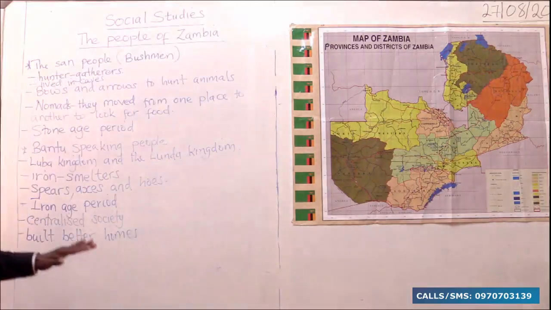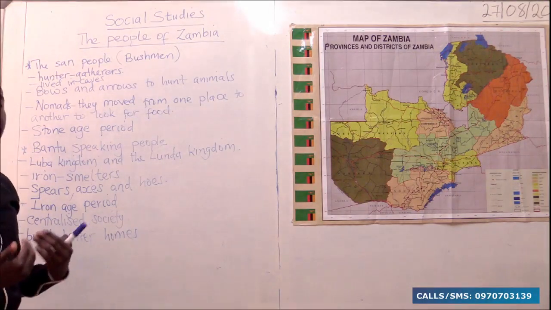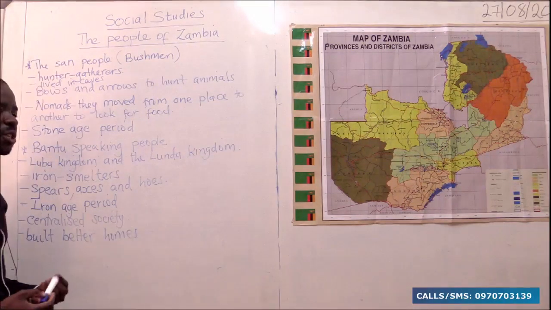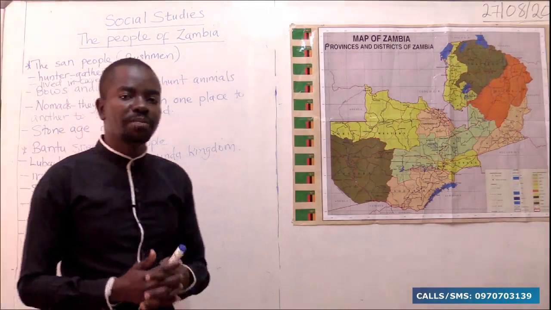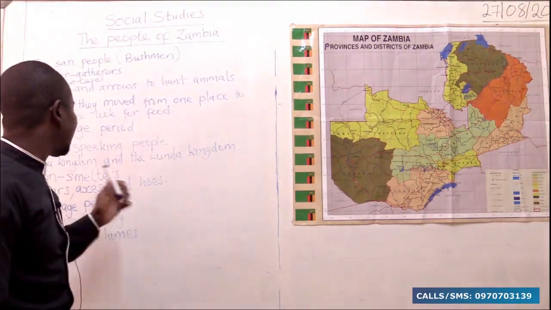Okay, so getting back to our topic, boys and girls, you must also understand that the Bantu-speaking people were iron smelters, meaning that they smelted iron.